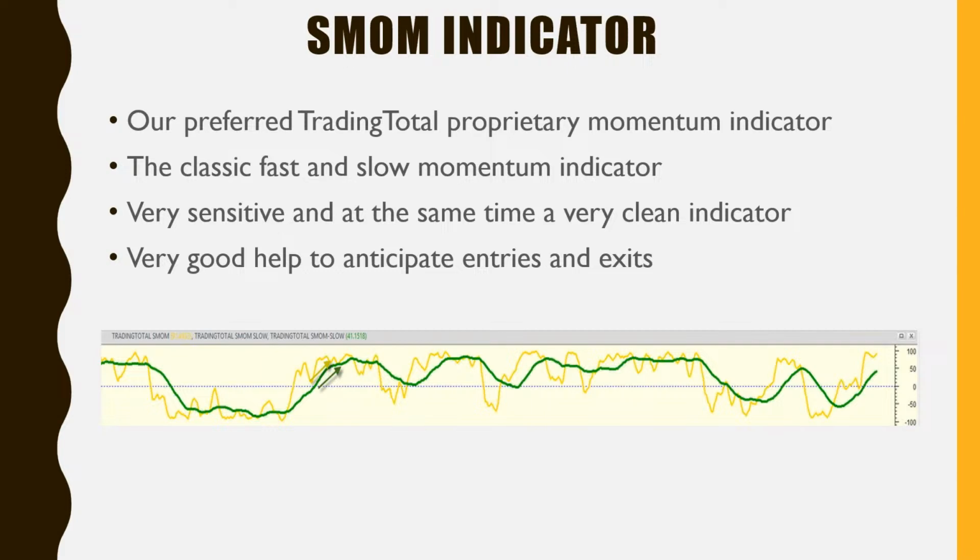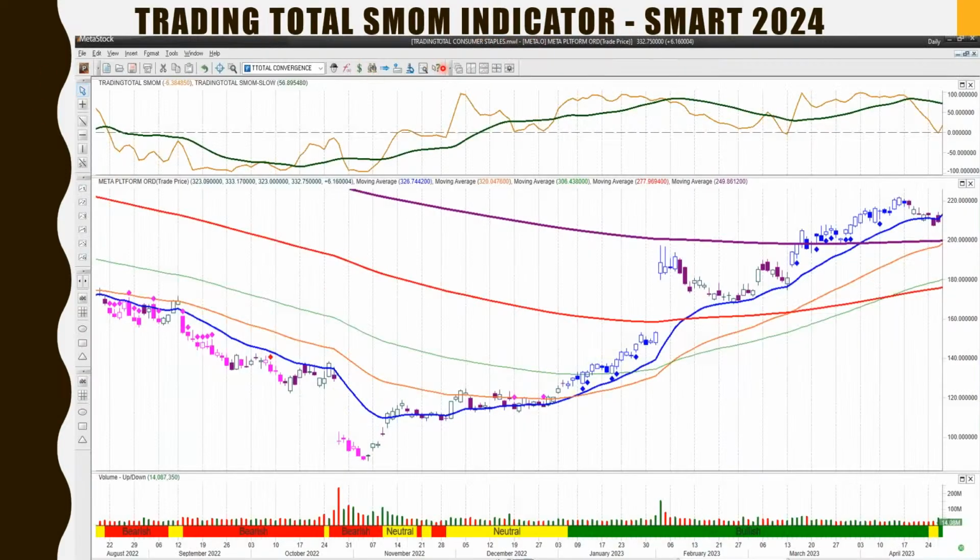We use the indicator to check quality before a possible entry point, as well as a very good help in managing positions, okay? Let me show an example. This is Meta, exactly, in daily time frame. A clear down move and a clear down move for the indicators. A clear up move and a clear up move for the indicator.